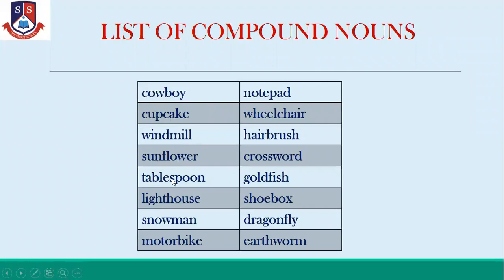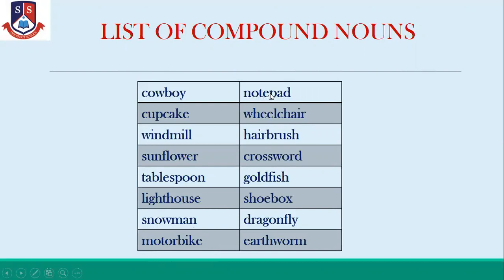Table and spoon, it becomes tablespoon. Light and house, it becomes lighthouse. Snow and man, it becomes snowman. Motor and bike, it becomes motorbike.